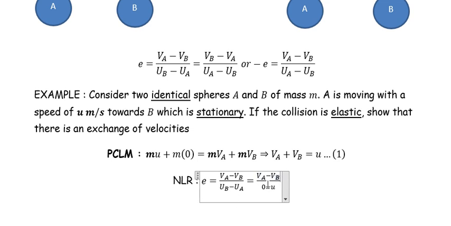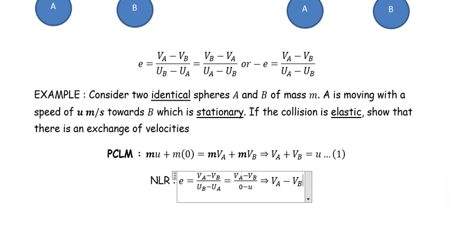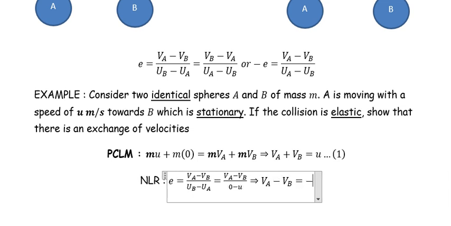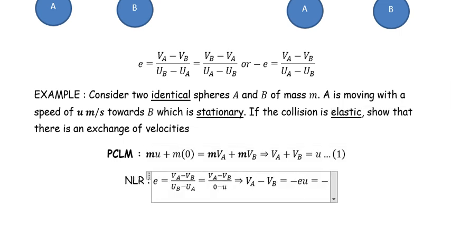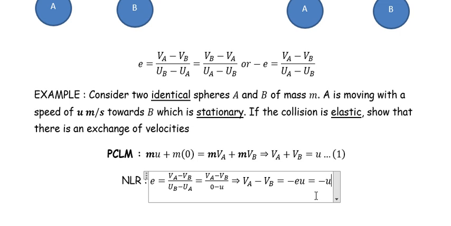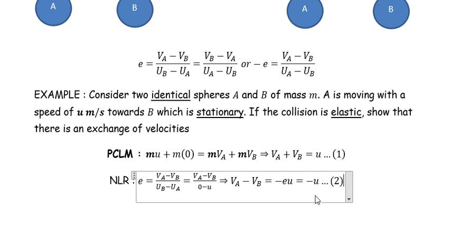From there I multiply both sides by negative u, and what I have is that VA minus VB is equal to negative e times u. But since the collision is elastic, e is equal to 1, which gives me negative u. We can call this equation 2.